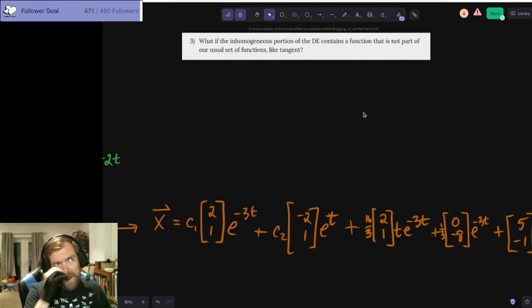Right, so like we had seen in the inhomogeneous portion for the last one, we had t e to the negative 3t for the same reason.